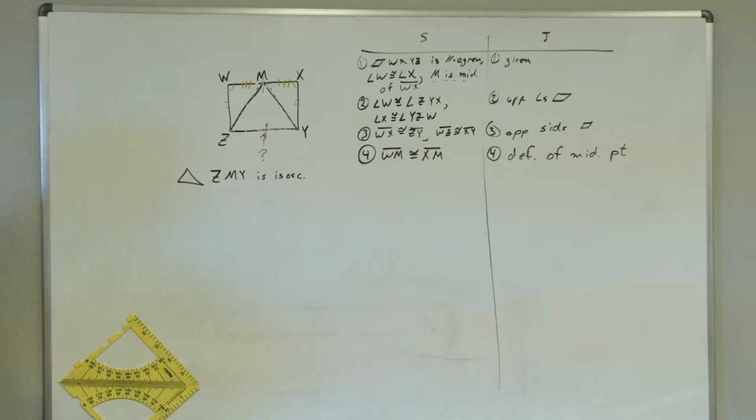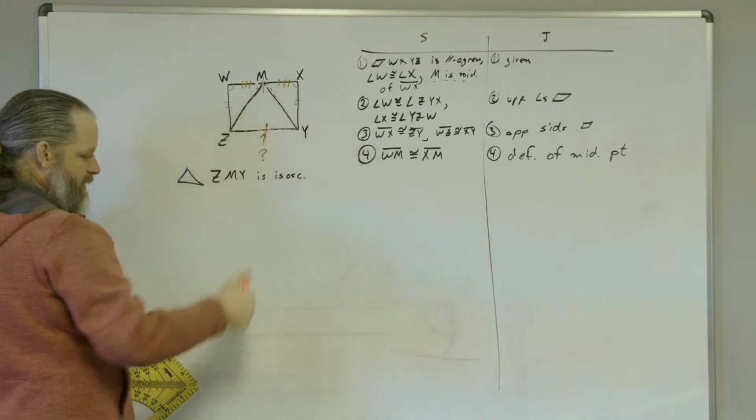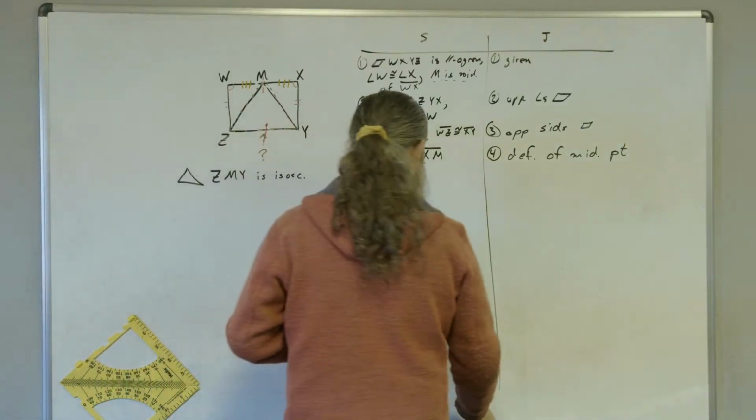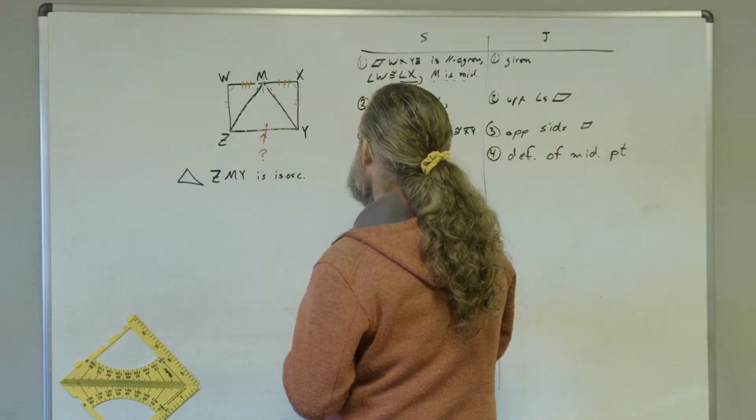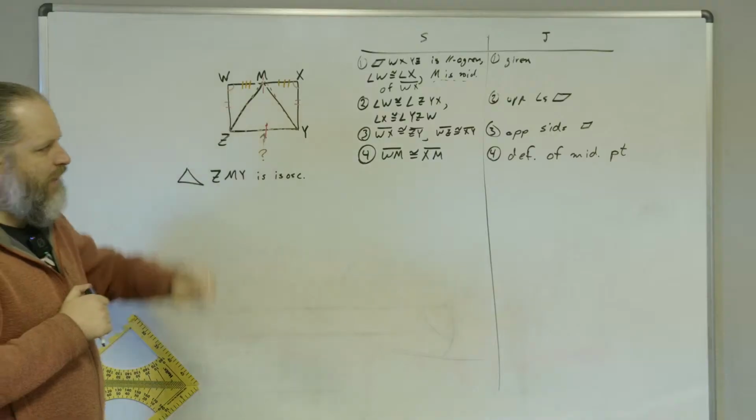Okay, what can we do now? We're almost there, like super close. We can say that this triangle is congruent to that triangle. By which method? Side, angle, side. True enough.